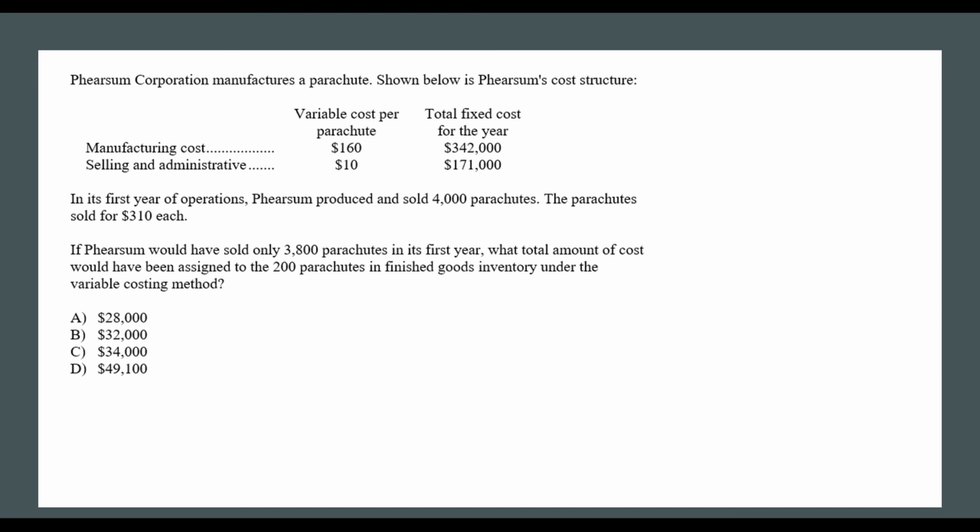In its first year of operations, Fearsome produced and sold 4,000 parachutes. The parachutes sold for $310 each. If Fearsome would have sold only 3,800 parachutes in its first year, what total amount of cost would have been assigned to the 200 parachutes in finished goods inventory under the variable costing method?